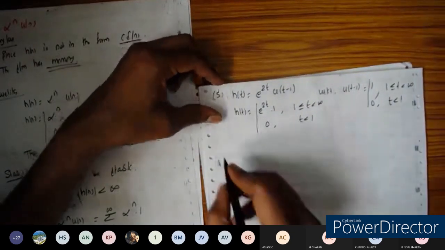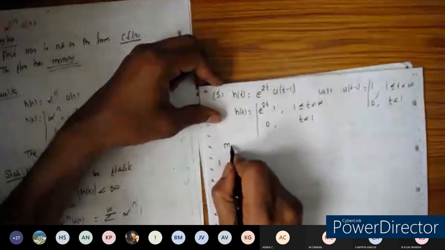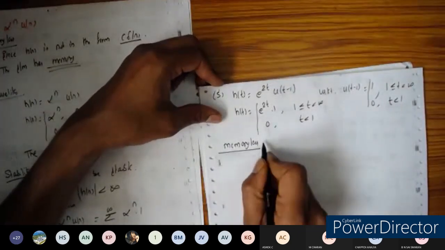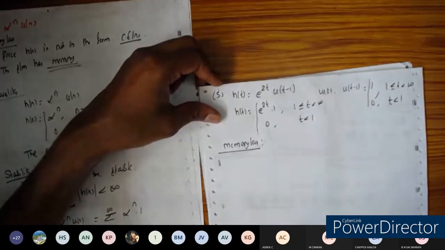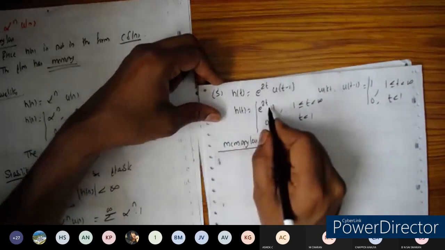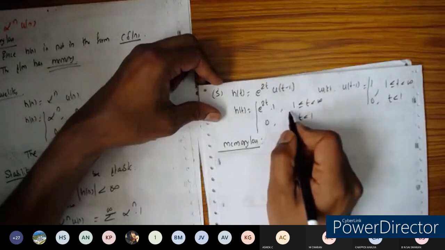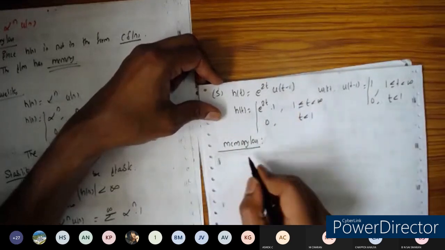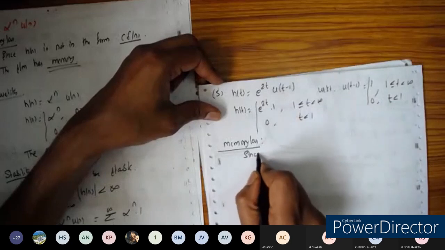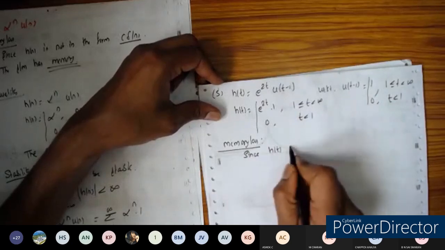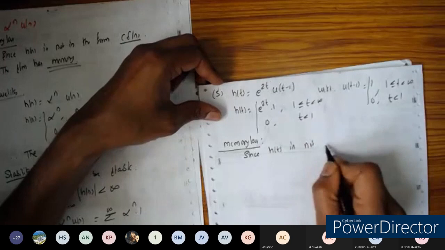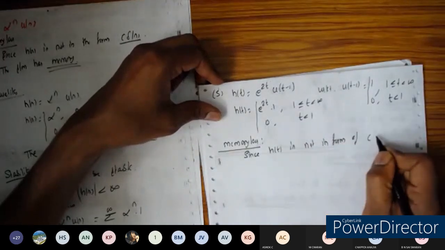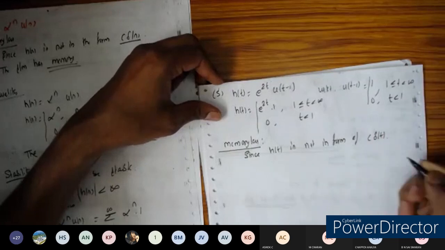Well, now let us verify the property. So the first one is called the memoryless property. Let us verify that one. Since h of t is not in the form of c into delta of t, we can say it has memory. So that's an easy property.